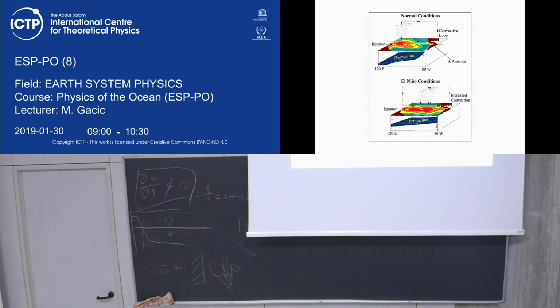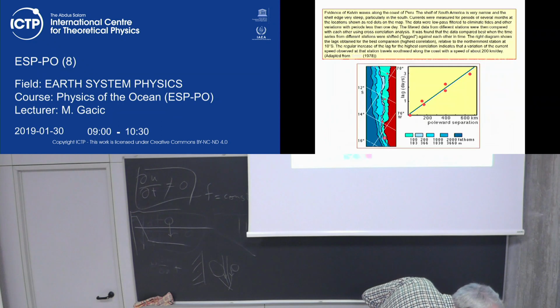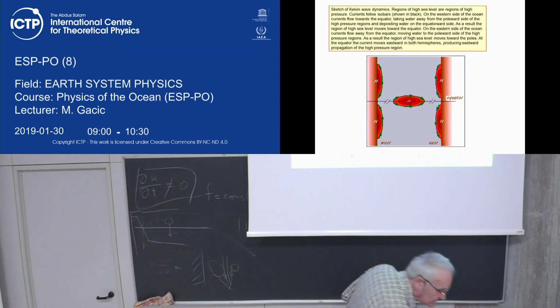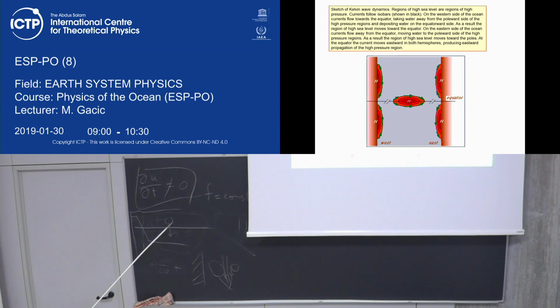The Kelvin waves take the signal happening at the western coast of the Pacific and bring it to the eastern coast. This is the very schematic presentation we have seen here, a combination of coastal and equatorial Kelvin waves.